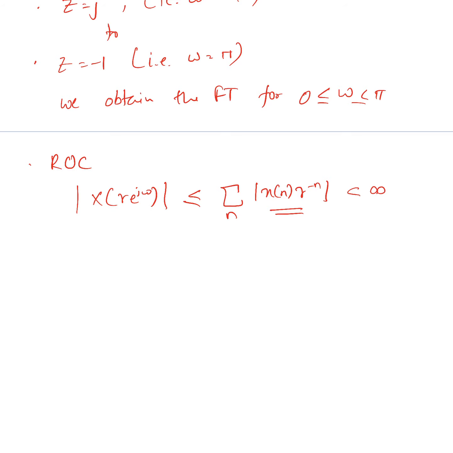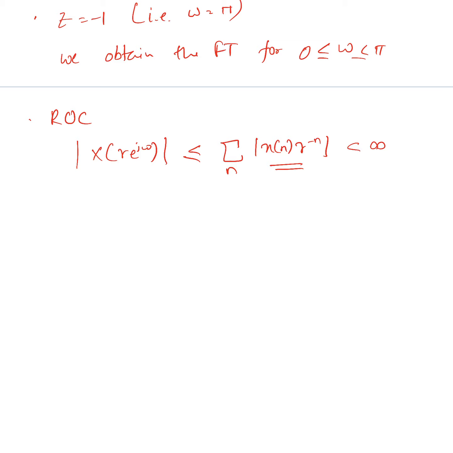So now it is possible for the Z transform to converge, even if the Fourier transform, for r equal to 1, does not converge. We had seen one example, x of n equal to u of n. In the last class we had seen that this sequence does not converge.